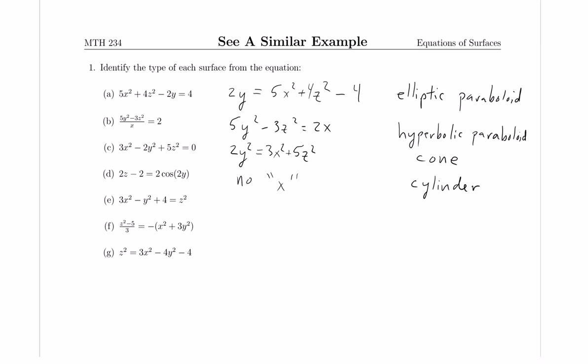Okay, in part E, let's move everything around so that we have as few minus signs as possible. So we'll move the y squared to the other side. And also let's move the 4 over too. So, in other words, put the 3x squared by itself.